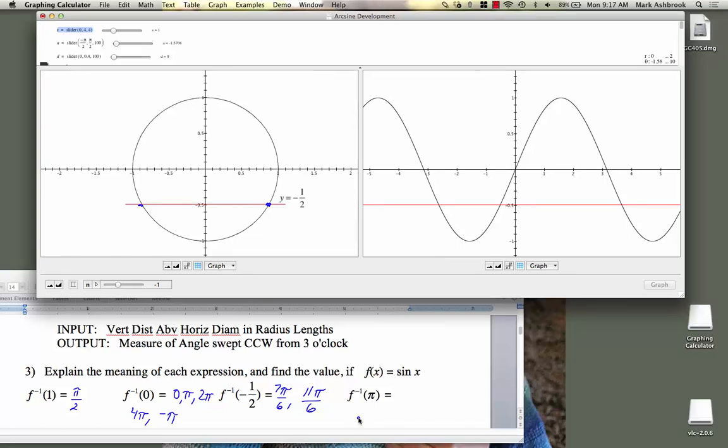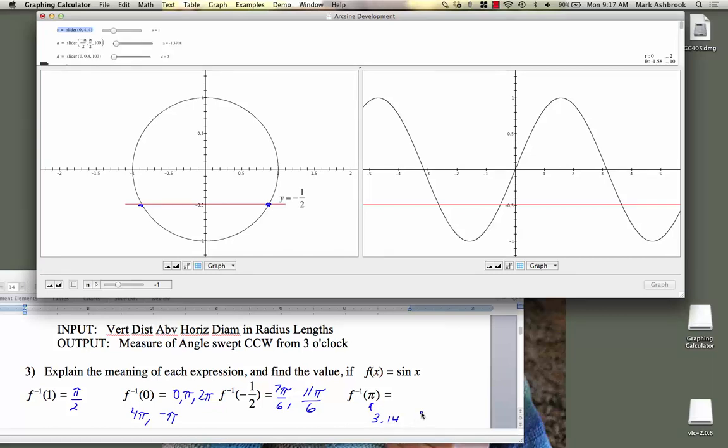Okay, how about this last one? The f inverse of pi. Lexi, what do you think? What's this about? What does this mean? The vertical distance, in what unit of measure? In radius lengths is pi, or about 3.14.